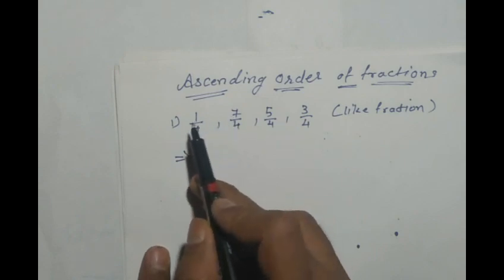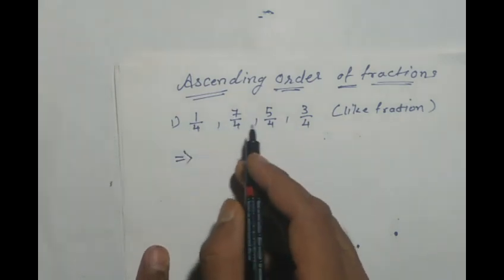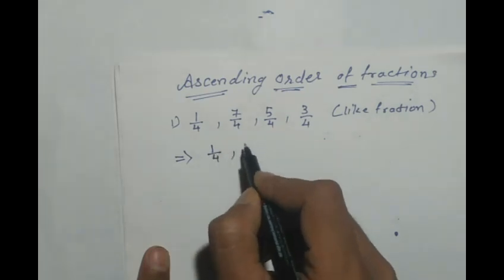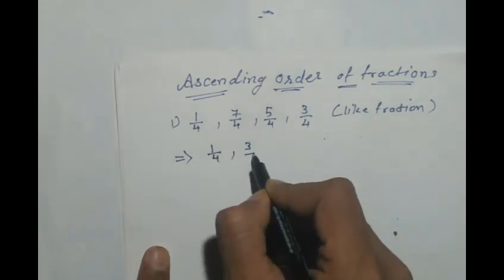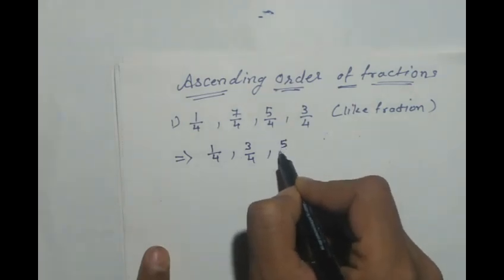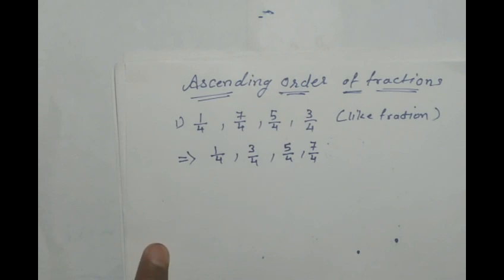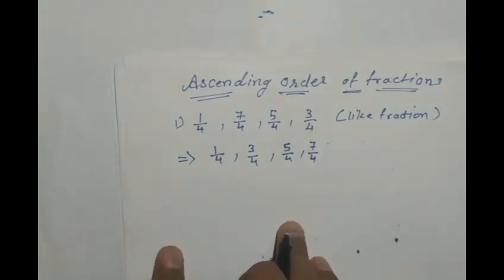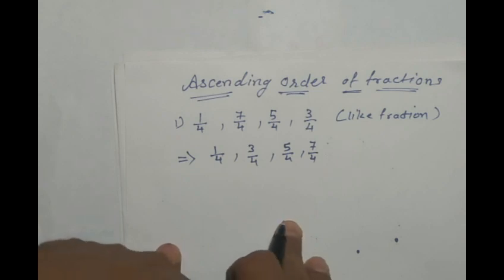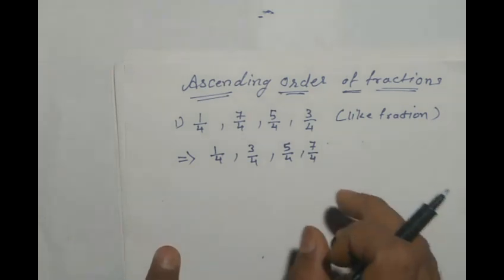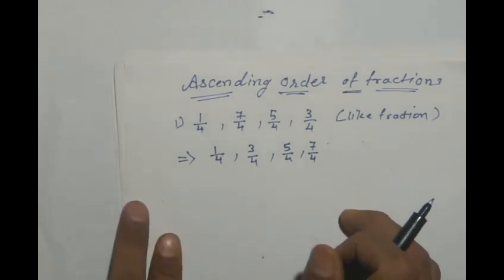Whichever numerator is smaller, you will write first, that is 1 upon 4, then 3 upon 4, 5 upon 4 and 7 upon 4. So we get the answer. It's very easy. Just see the numerator and arrange them in ascending order because denominators are same, so no need to do anything else.